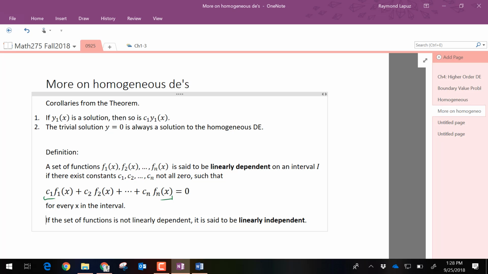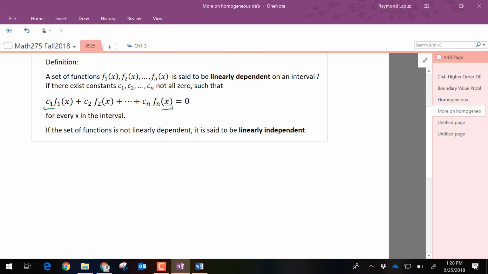So a quick example: if your f1, let's use y's. I don't know why they switched to f. If you have these three functions, you want to know if they're linearly independent or linearly dependent.